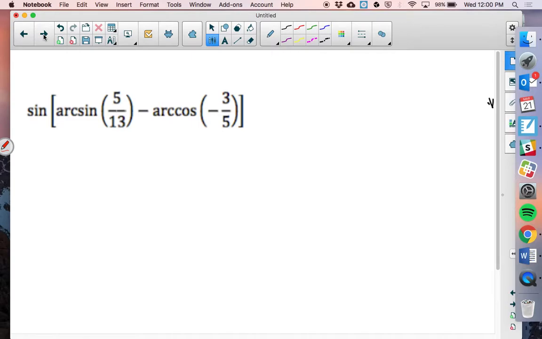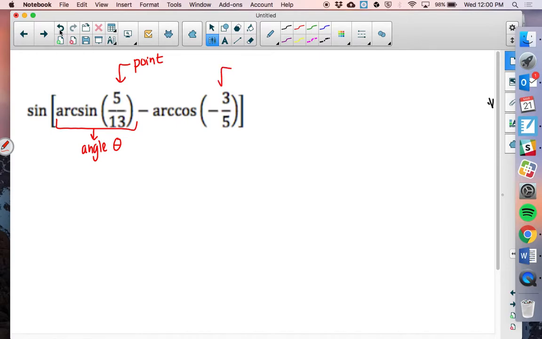So we've got sine of arcsine 5 over 13 minus arccosine negative 3 over 5. So once again, in goes a point, out comes an angle. I'm going to call that angle theta. And again, 5 over 13 is not on the unit circle, so I'm going to have to draw a triangle to evaluate this.